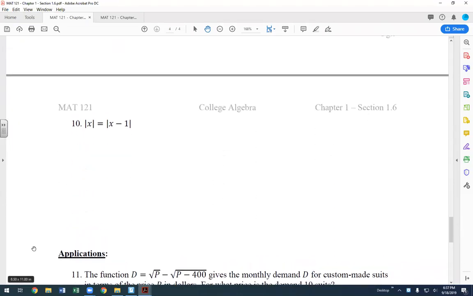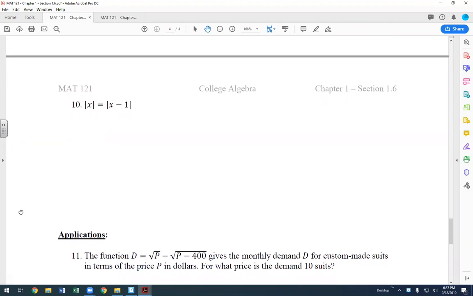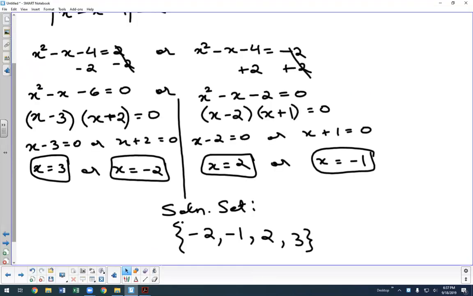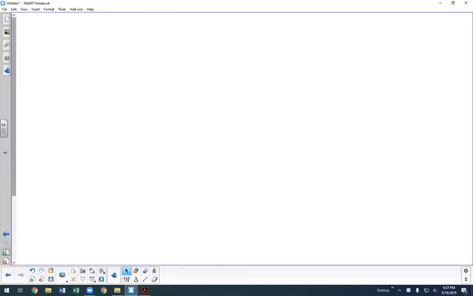Alrighty, what do you think we need to do for number 10? So here we've got absolute value of x equals absolute value of x minus 1.